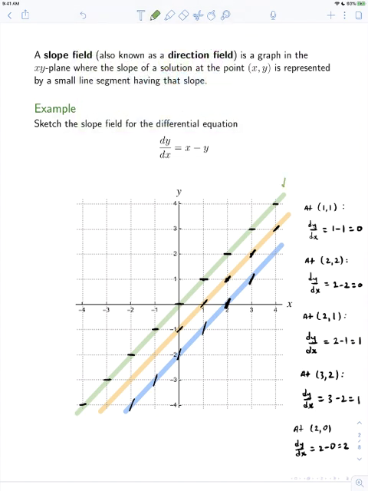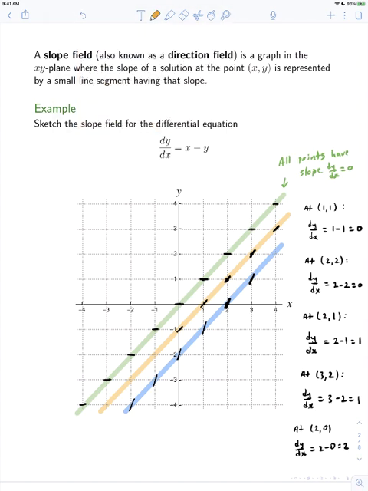So all points have slope dy dx equal 0. The points don't have a slope exactly. We're not saying the slope of the point, but we're saying the slope of the curve at that point. So all points along this line have a solution with a slope dy dx equals 0.